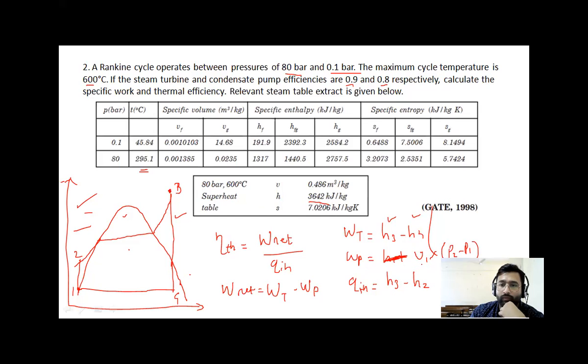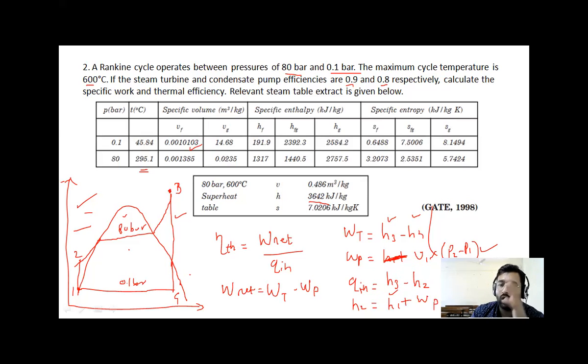For pump work, the specific volume at point number 1, at the pressure 0.1 bar, is given, this much. This into P2 minus P1. P2 is given, that is 80 bar, minus 0.1 bar. So this we can easily calculate. H3 is already given. H2 we can calculate. How? H2 will be equal to H1 plus pump work.